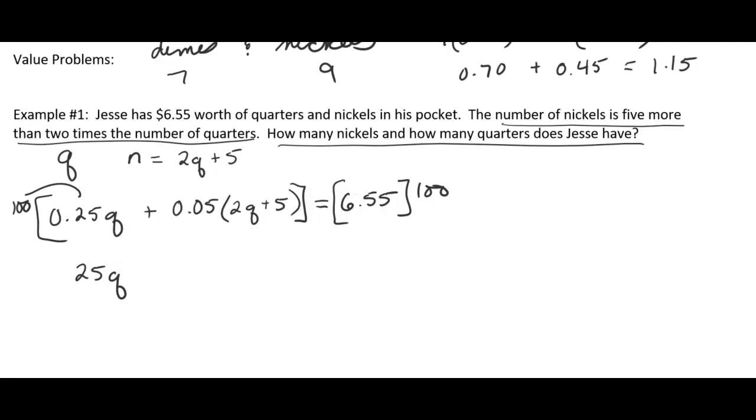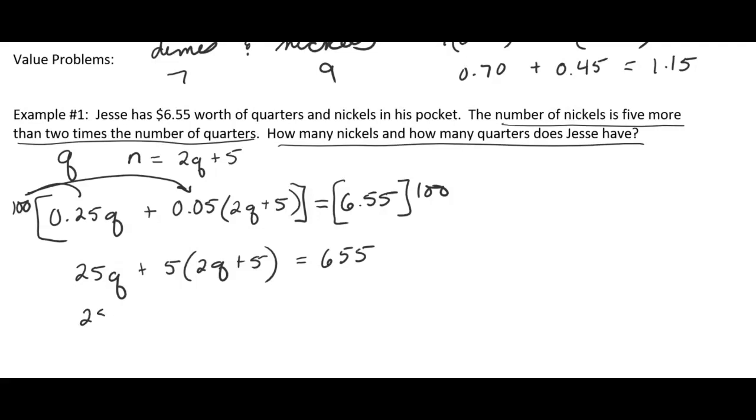Now when I go over here, I'm going to multiply 0.05 times, it's going to be 5 now, times 2Q plus 5. We did an example like that when we were talking about clearing the decimals. So that's what we get. And then on the right-hand side, we're going to get 655. That makes it just a little bit easier to get those decimals out of the way.